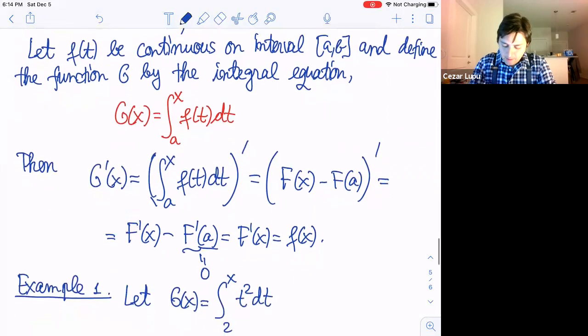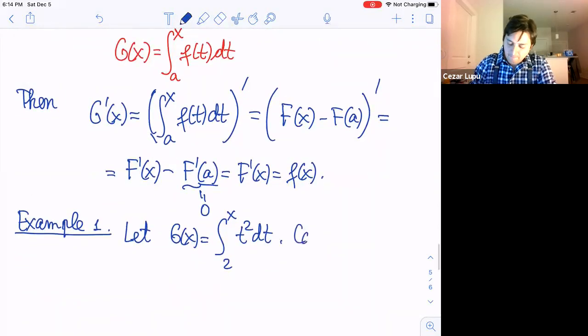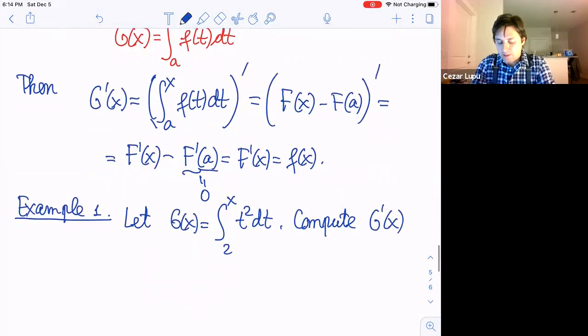Right? And now what we would like to do is just to compute g prime of x. Well, we can actually say who this is, but anyway, let's identify the function inside. So in this case, f of t is t squared, right?